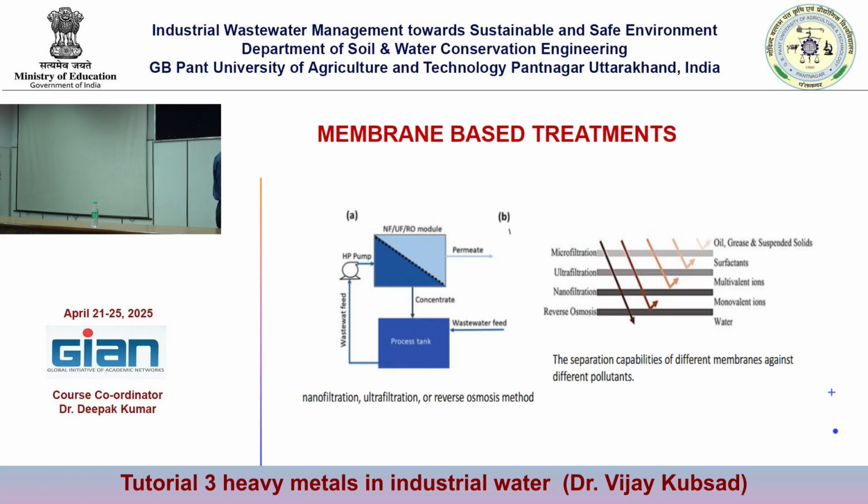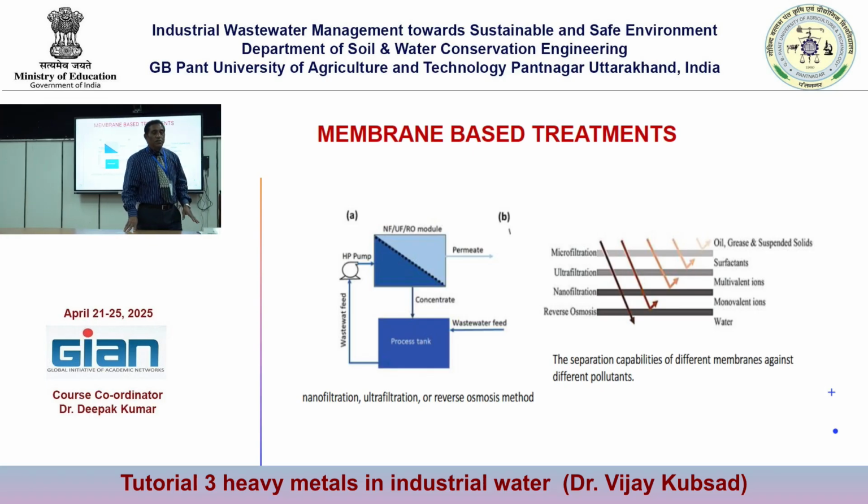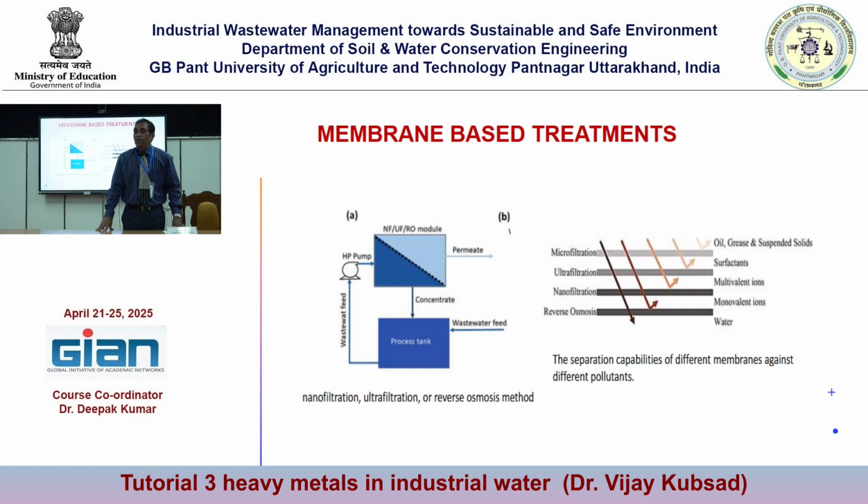High TDS: if the groundwater limit is 500 mg per liter and the water has 1000 mg per liter, you cannot add 50% water and discharge. You cannot make dilution the solution, right? Even if it is accepted, it is wrong, you cannot do that. But you can adopt reverse osmosis.